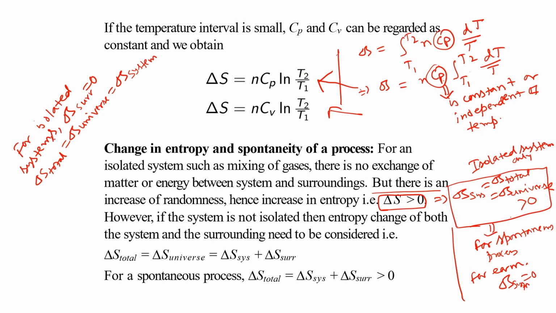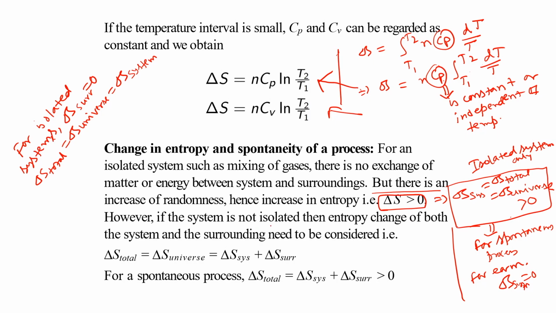But we know that all systems are not isolated systems, so we need to think about other systems also. If the system is not isolated, then entropy change of both the system and the surroundings need to be considered. So delta S total, or delta S universe, equals delta S system plus delta S surroundings, and for a spontaneous process it has to be greater than 0.